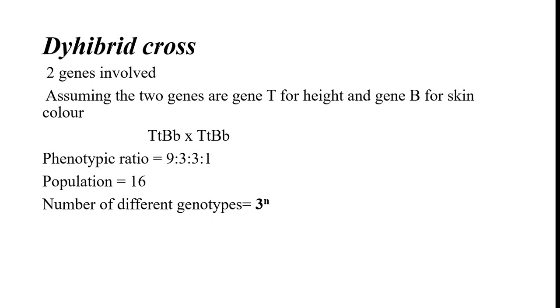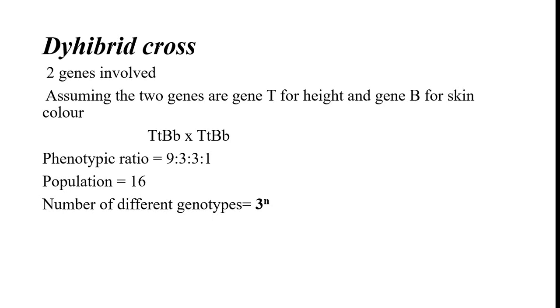And for the second 3, the T will be recessive and the B will be dominant. So if the T is recessive, the person is going to be short but black. Then for the last one, the person is showing recessiveness in both genes, so the person is going to be short and white.